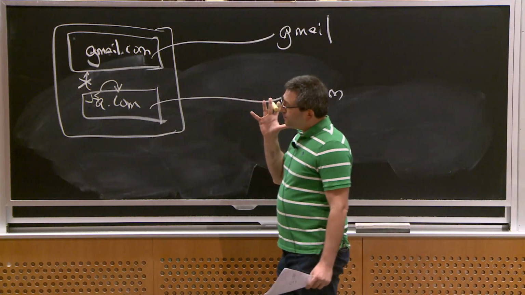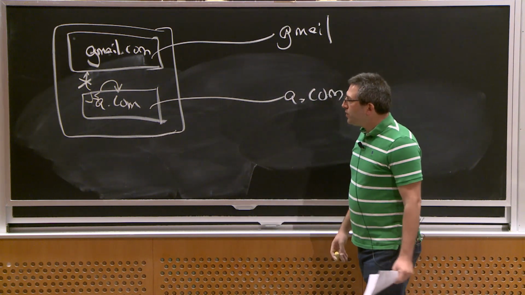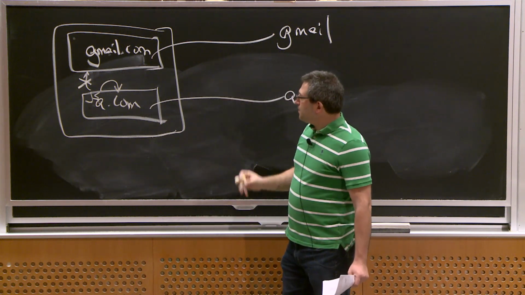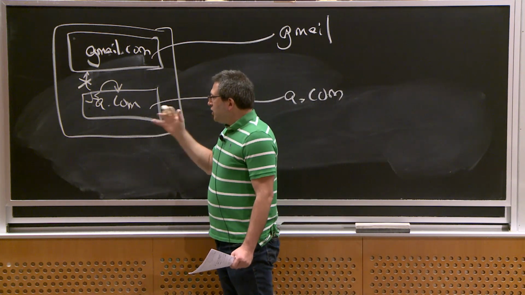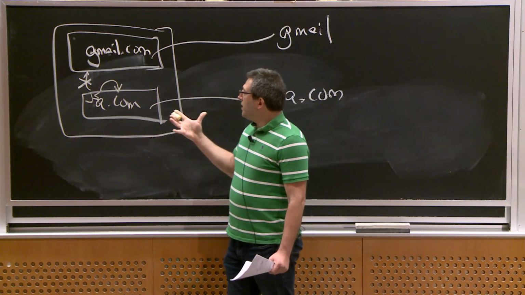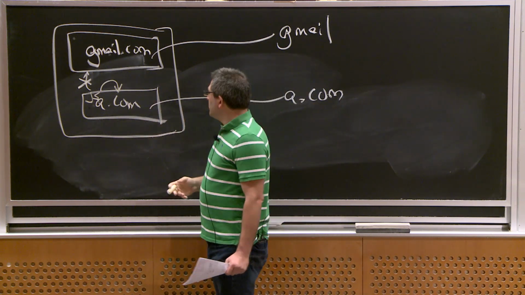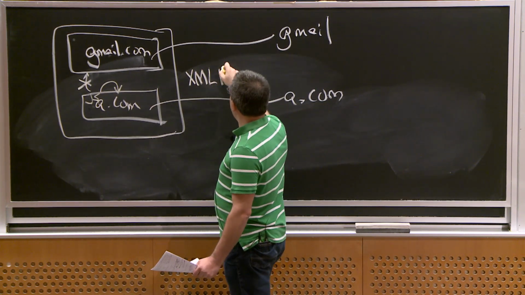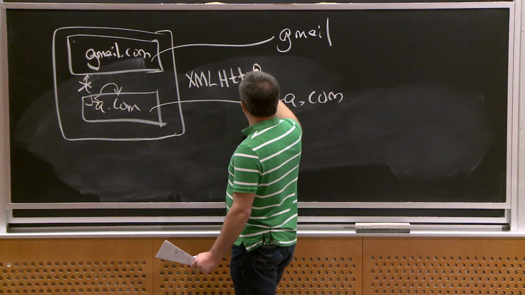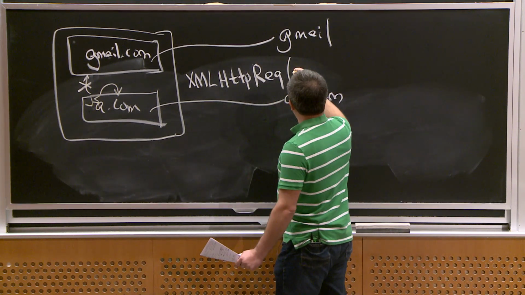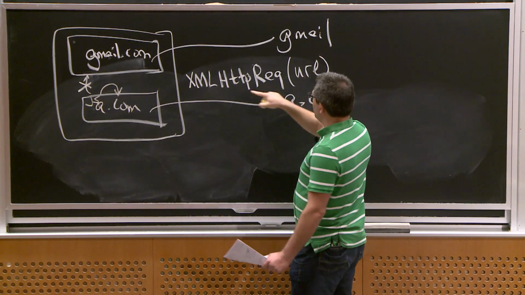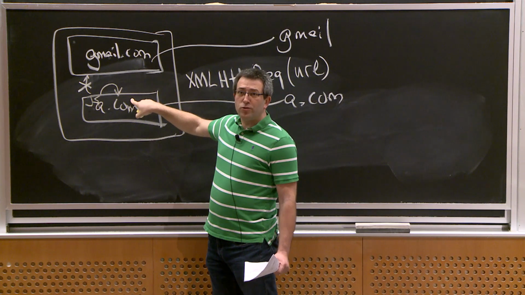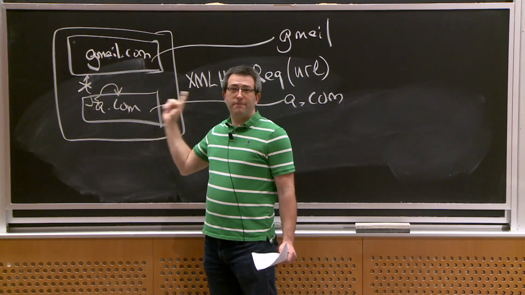And this notion of an origin associated with a resource is broader than just in the browser. A very common thing that you might see is that in JavaScript code running in a browser, you can request things from the network. There's a standard API called XML HTTP request. I'll abbreviate it with req. Roughly, you can supply a URL in JavaScript when you're running in a browser and ask the browser to fetch some URL on your behalf.